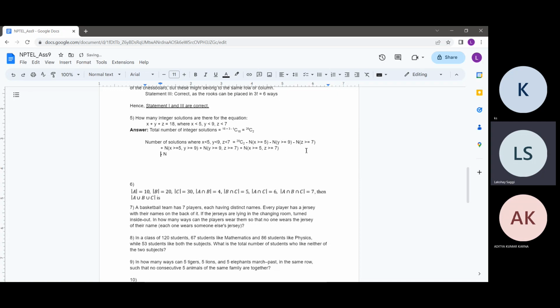Maybe I'll just put it in the line. So this will be n of x greater than or equal to 5, y greater than or equal to 9 and z greater than or equal to 7. Notice the alternation between signs.